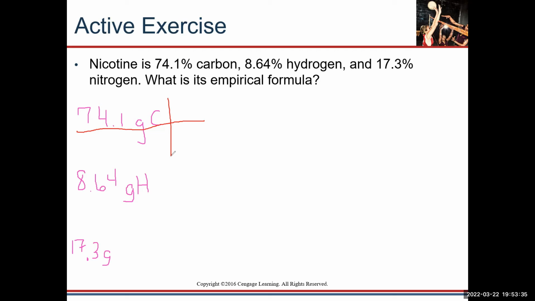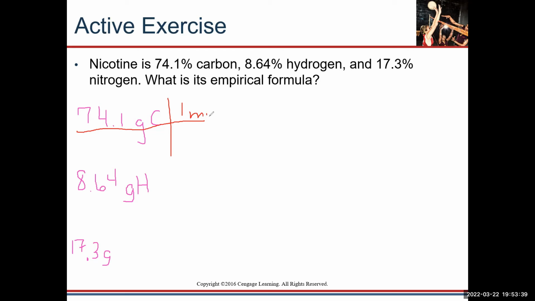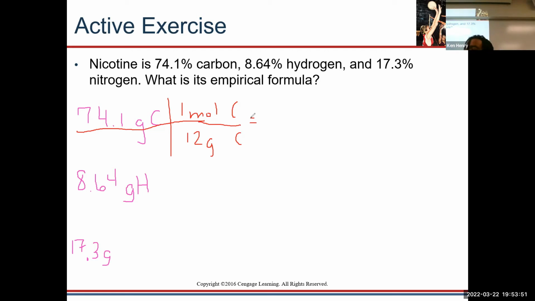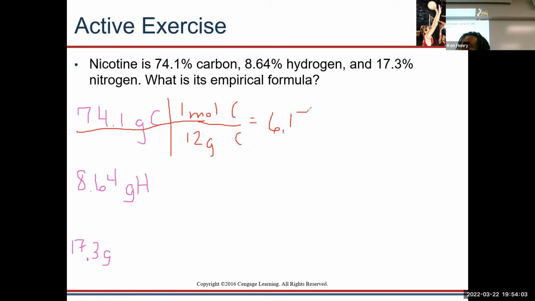So what is the mass of carbon? 12.01, so 12. 74.1 divided by 12, 6.17, 3 sig figs, right? Moles.